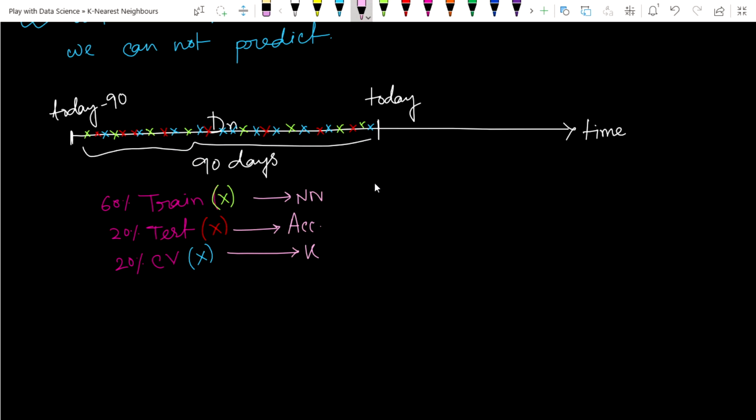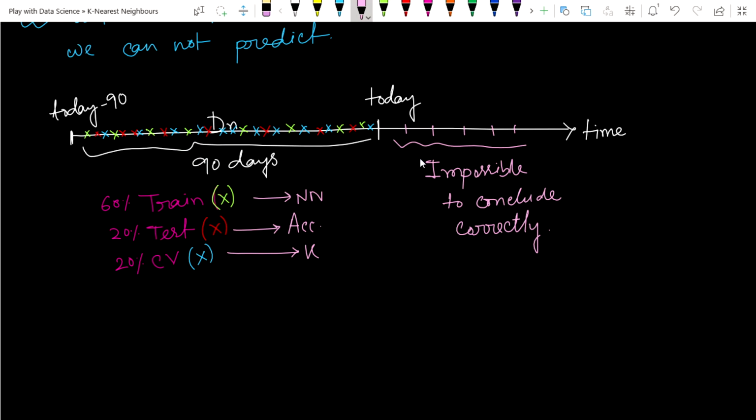So when we try to predict the model's future performance from here, it is actually impossible to conclude correctly, because our data is totally randomly spread everywhere.